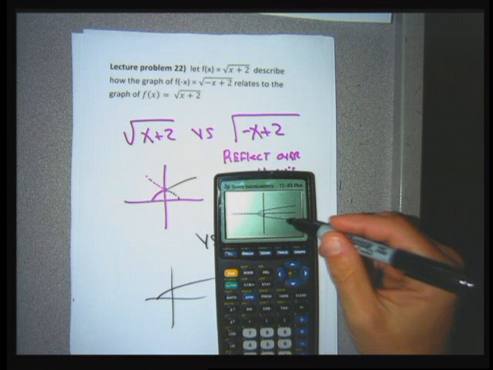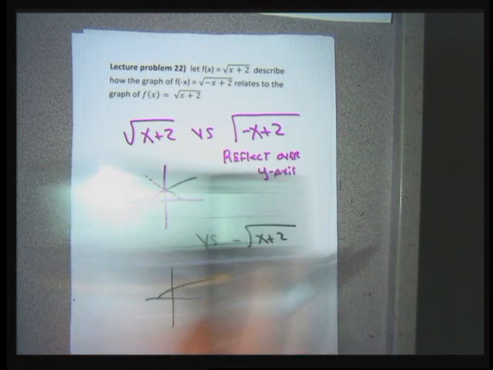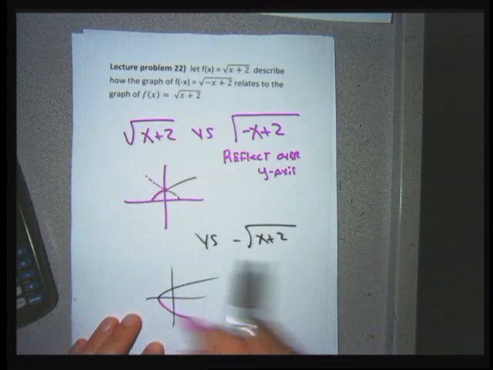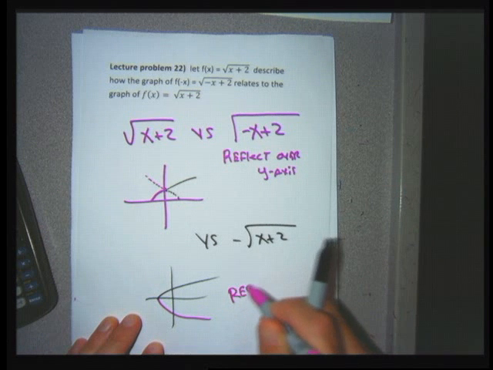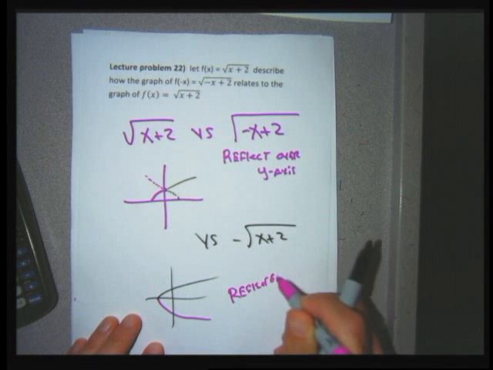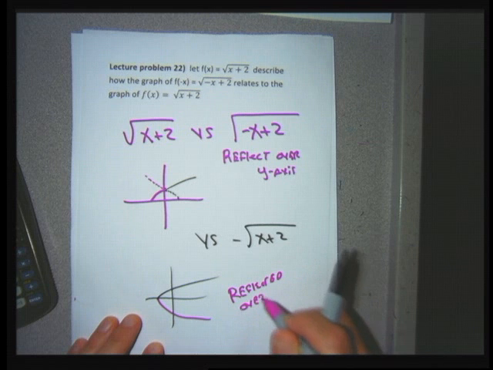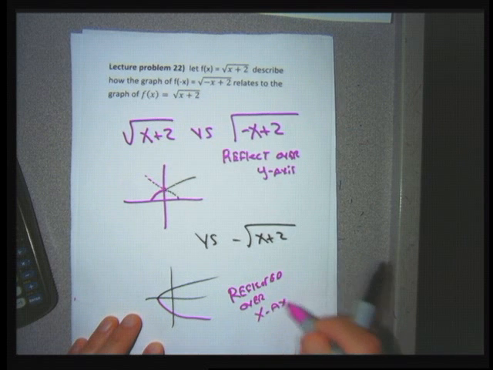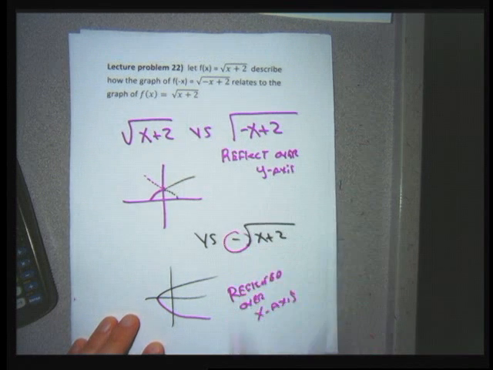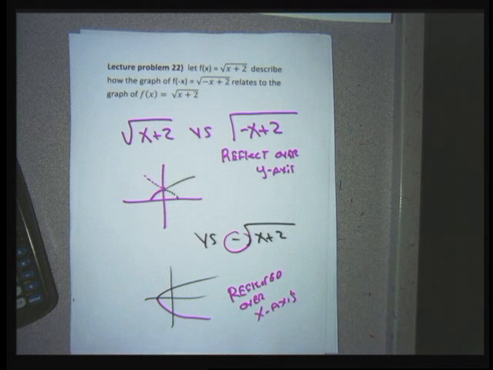It's a lot easier for me to see x-axis reflection. So putting a negative in front of a function, even if it's not just the generic square root of x or generic x squared, takes the graph and reflects it over the x-axis.